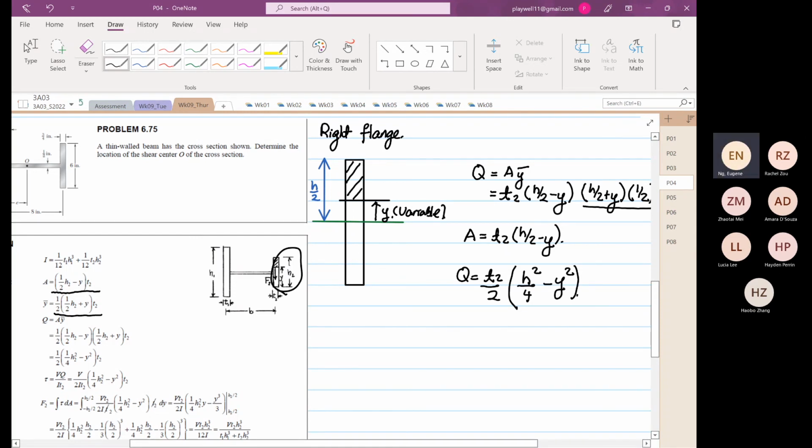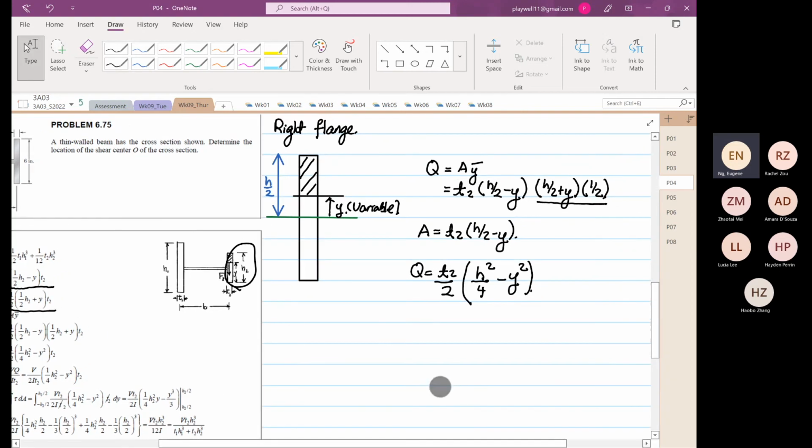Now, why I did this is we applied the rule that the first moment of area cannot cross the centroid. They let the first moment of area cross the centroid. So that's why you have to apply the rules I gave you, and then the answer is always going to be the same. It will not be different at all. Why? I've tested it on too many problems already. I hope that answers your question.